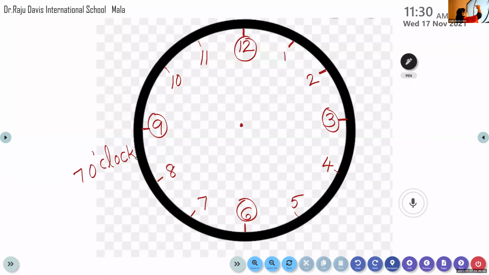So the long hand is on 12, and the hour hand is on 7. Understood everyone how to draw? Yes. Now it is 7 o'clock.